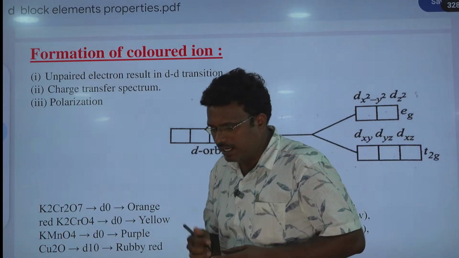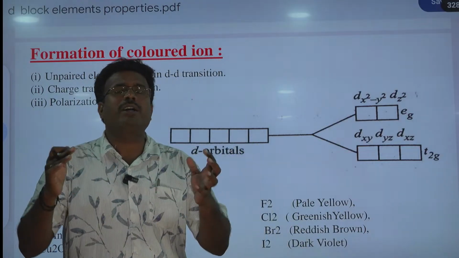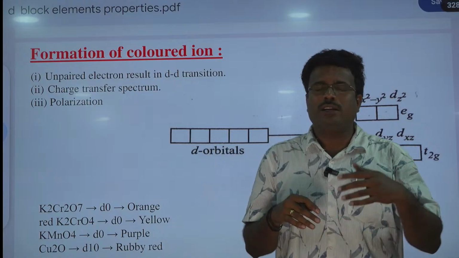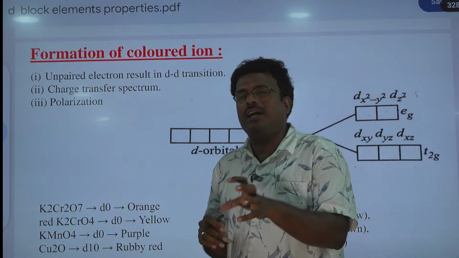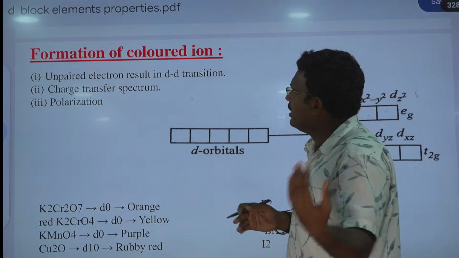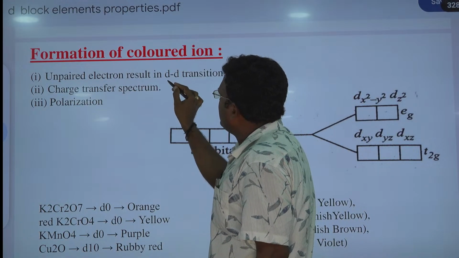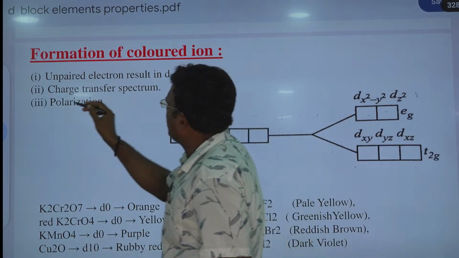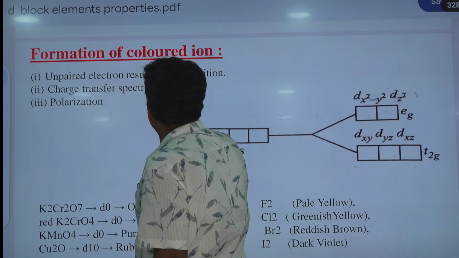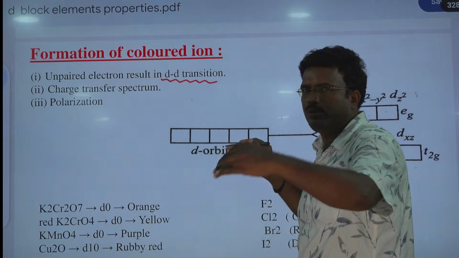You will study different types of transitions in higher education: octahedral complexes, tetrahedral complexes, square planar complexes. But here, d electrons are transferred from one energy level to another energy level.